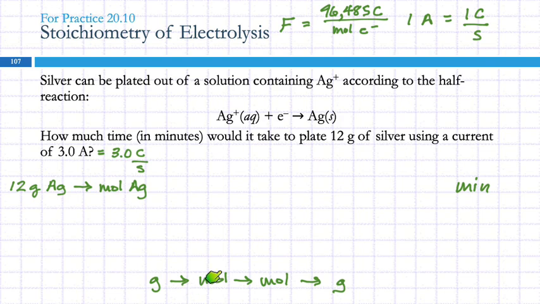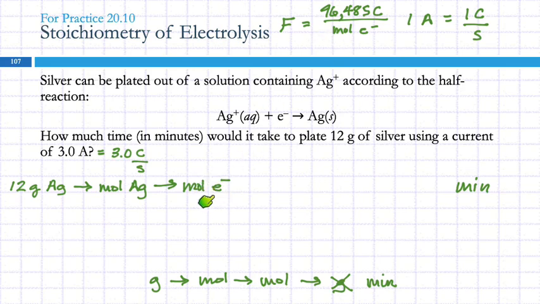And from moles of silver to moles of electrons. Because the electrons are in the current, right? Are we going to grams of electrons? No, we're not. We were given the current, 3 coulombs per second. A number of coulombs is related to moles of electrons.